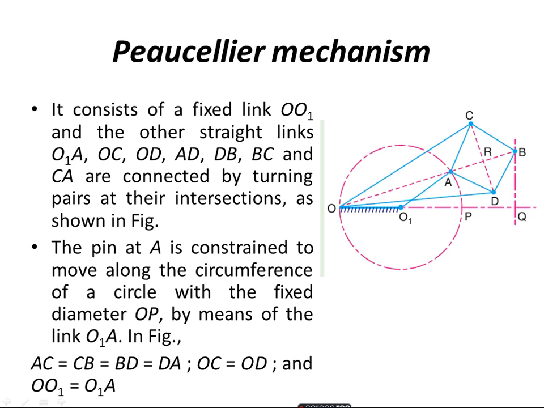The other links are O1A, OC, OD, then AD, DB, BC and CA, which are connected by turning pairs at their intersections as shown in this figure.